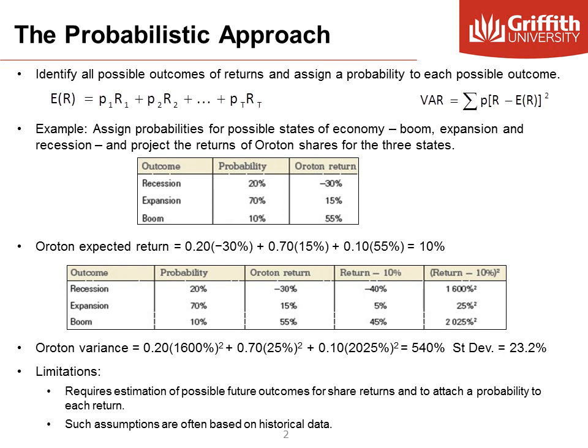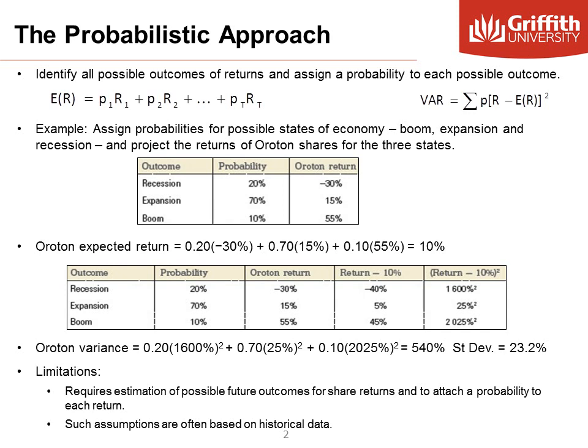Based on those assumptions, they expect Oroton to earn negative 30% in recession, 15% in expansion, and 55% in boom. The expected return is then the sum of returns weighted by their probabilities. From this, we can go on and calculate the variance of those returns using the probabilistic approach as follows.